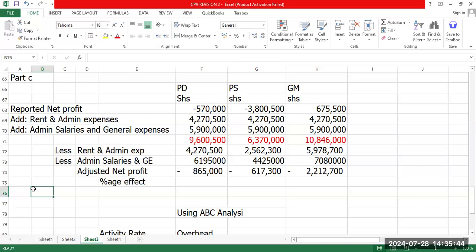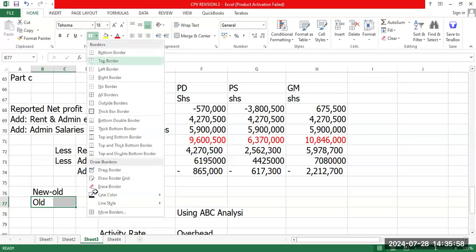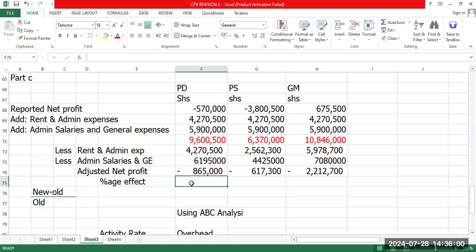You just get new minus old over what? Over old. To get the percentage change. So if we get what is our new figure? It is this.